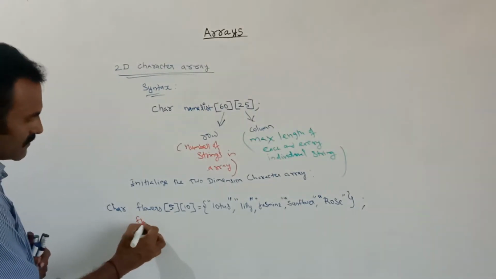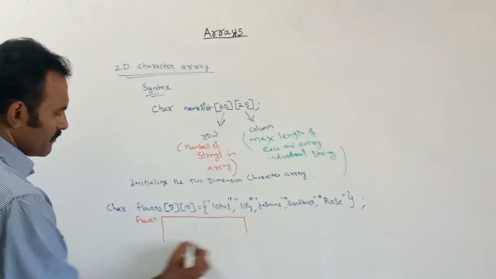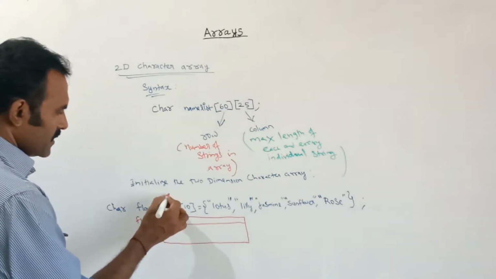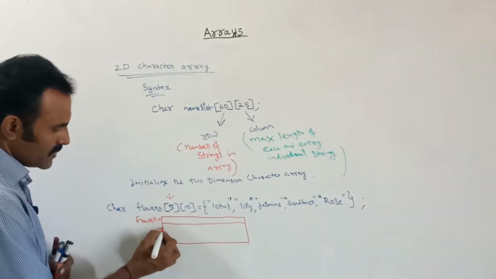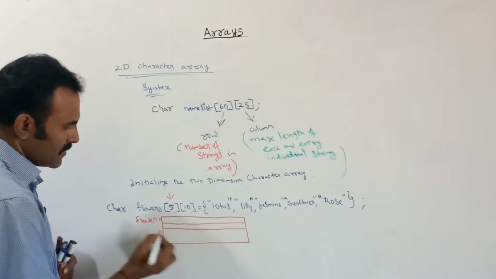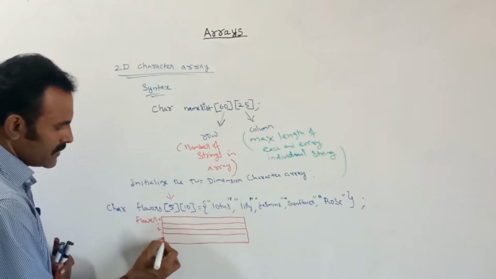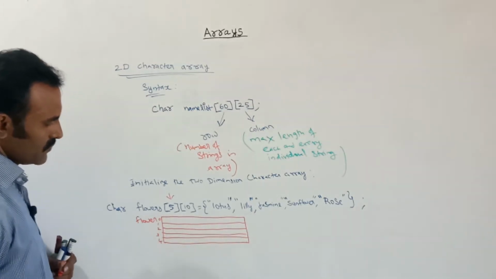Flowers, this is the variable name. Totally this first dimension, that is the 0th row, then first, second, third and fourth.